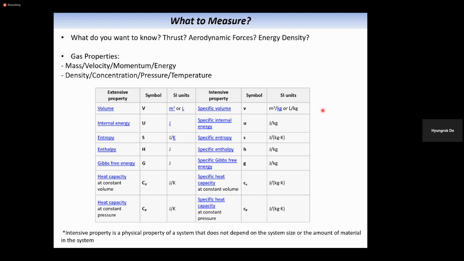So as you have seen here, we have tried to simplify the measurement target systems, and this simplified system still requires some measurement. In this case, temperature and pressure from the sensors, and optical measurement will be used for the one-dimensional velocity profile measurement. So the optical measurement method can be used for measuring volume, internal energy, maybe temperature.